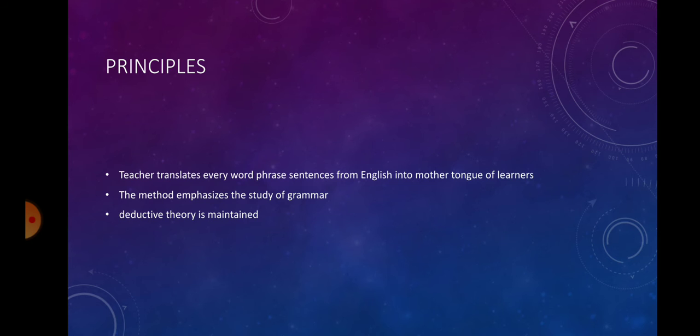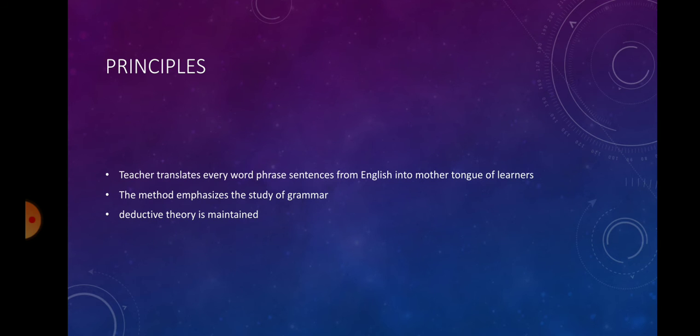And basically, here the deductive theory of teaching English is used. What is deductive theory? Deductive theory is where the grammar is focused, where the structures of the sentence, or you can say syntax, are focused.